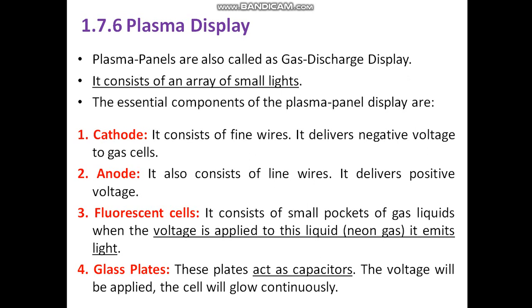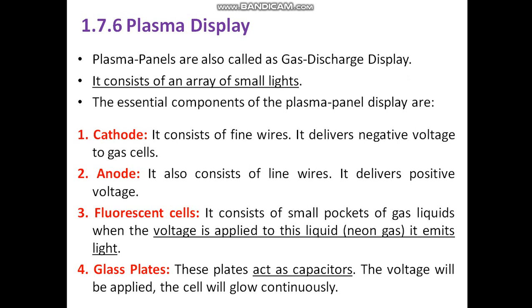When voltage is applied to this gas, which contains neon, it emits light. The fourth one is the glass plates. These plates act as a capacitor.